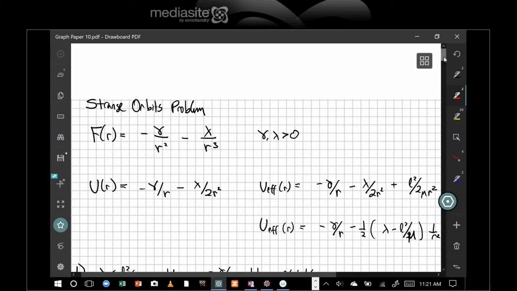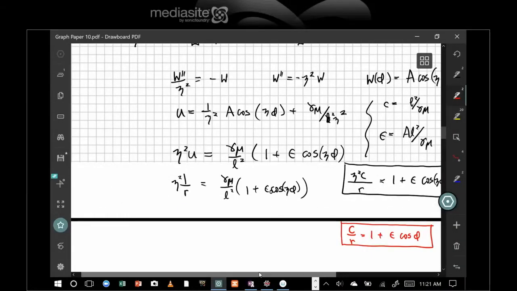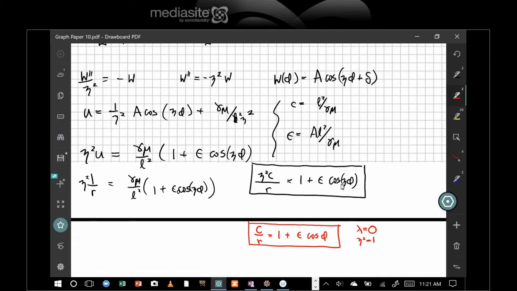And so we get something that looks like Kepler, except we have this eta term. Eta is important because if eta is not some rational factor of pi, then the orbit's not going to close upon itself.